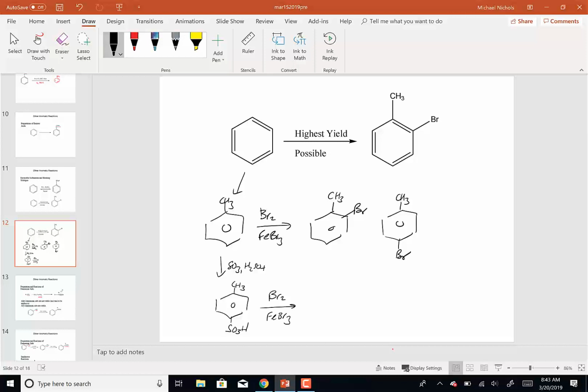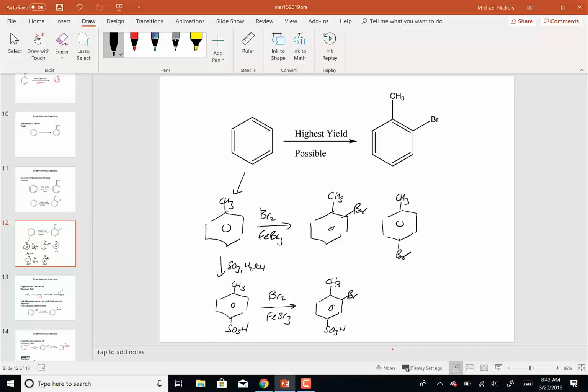But S double bond O immediately makes it an X double bond Y group, which makes it deactivated. So activating versus deactivating, activating directs. And so that methyl group is going to direct. Now the para position is blocked so the bromine will now go to the ortho position exclusively.